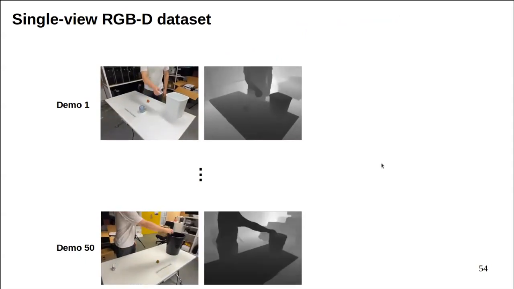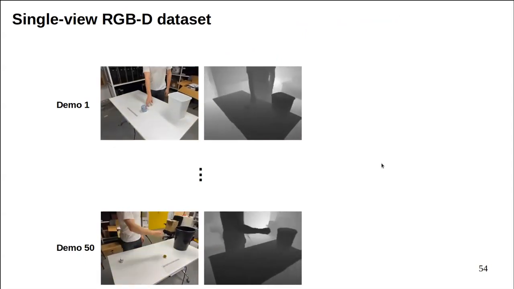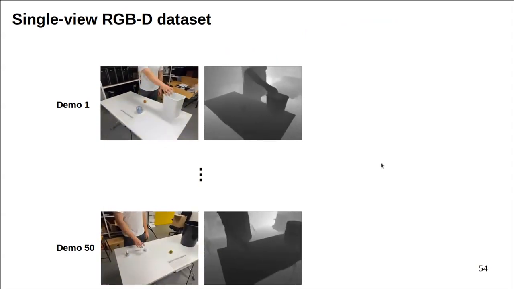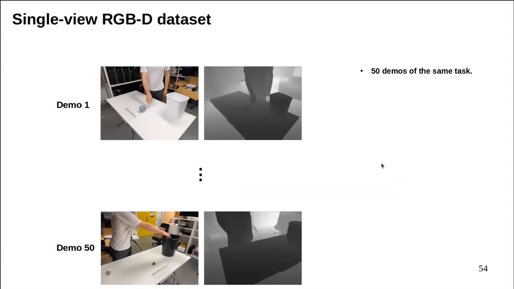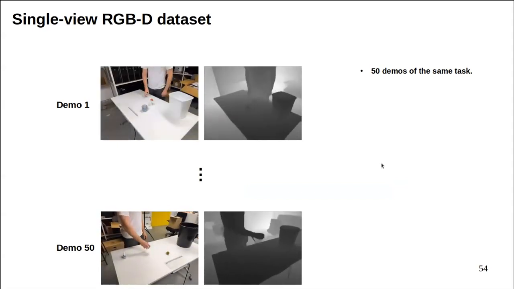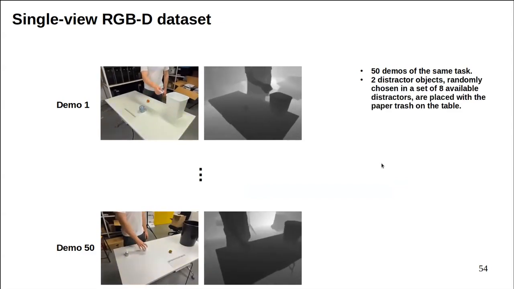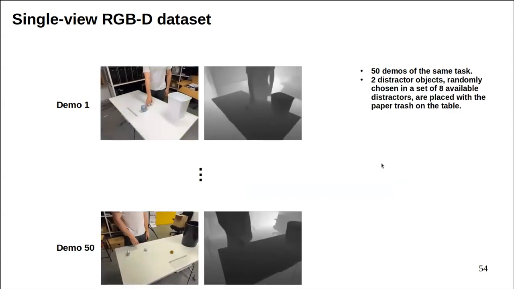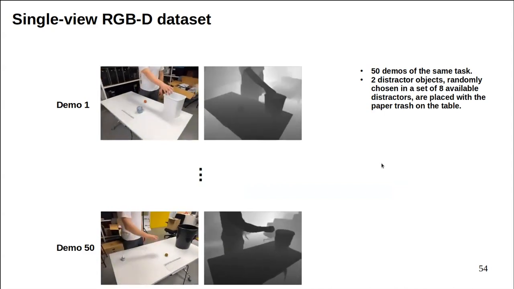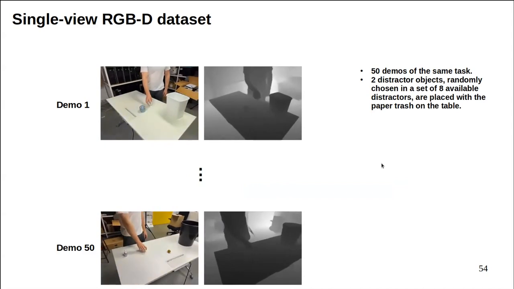Okay, first, we need a dataset of human demonstrations to start working. So we collected a dataset with 50 demonstrations of a single task. This is the task that you saw during the introduction, but I will bring a few more precisions on this dataset now. The task is always the same: take the paper trash and put it in the trash bin.